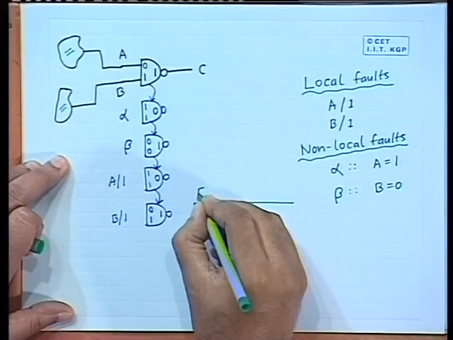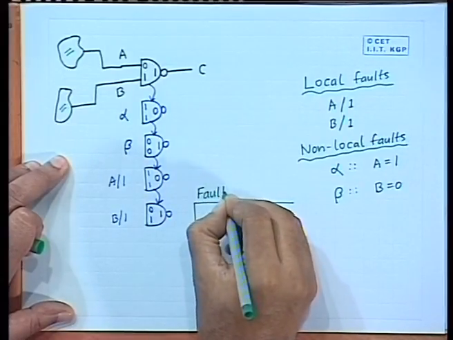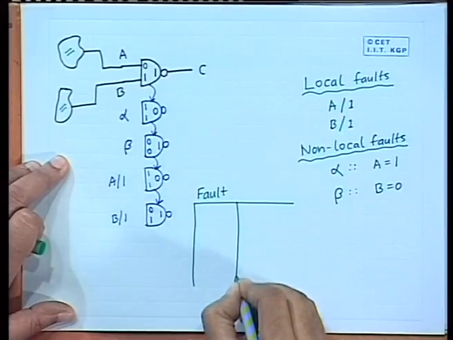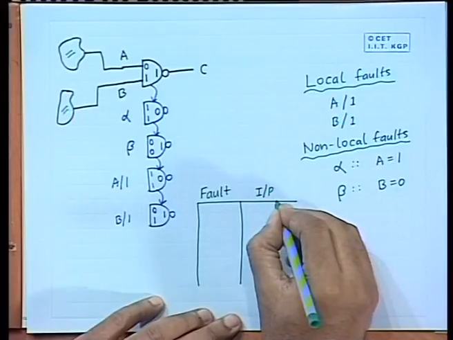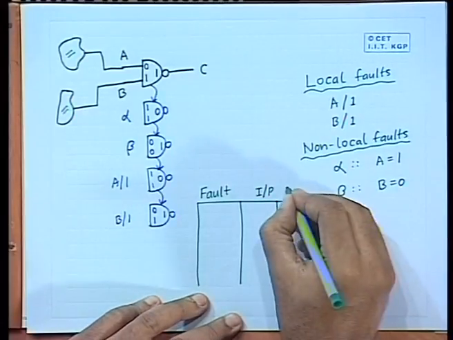The table will contain a column fault, then the input values, then the output value.